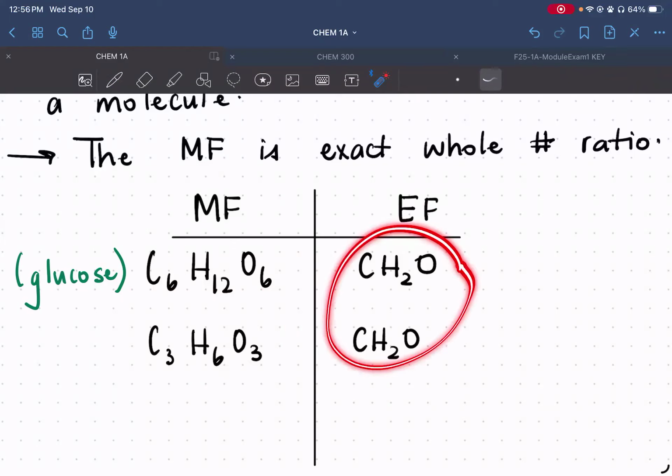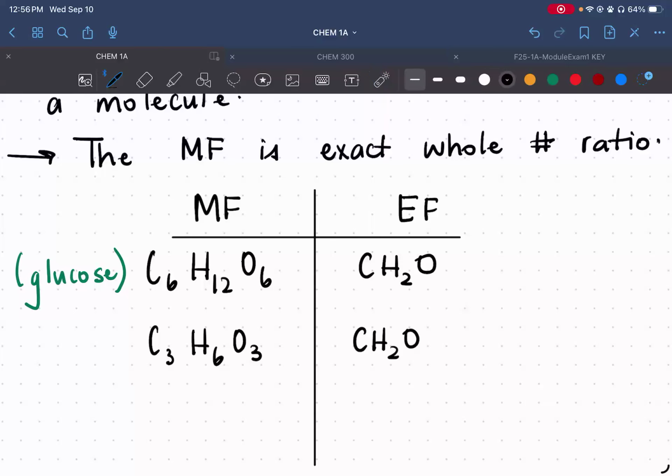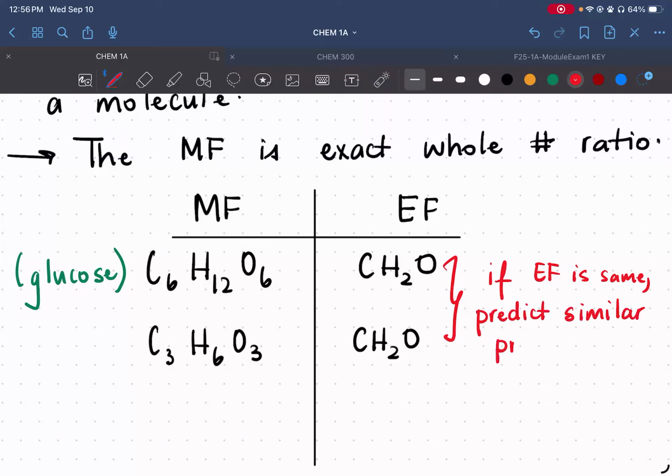But their empirical formula, CH2O, are the same. The overall implication of this is that if their empirical formula is the same, then we predict them to have similar properties and characteristics.